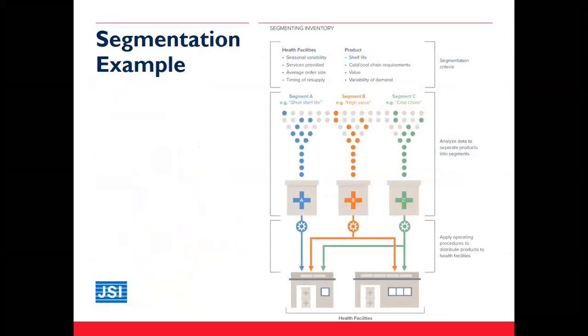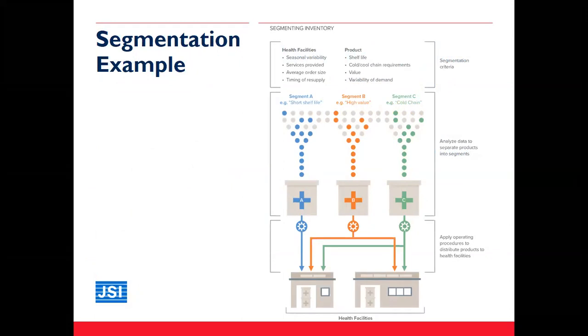One thing to think about is segmentation. We discussed this strategy in a previous webinar on managing vaccines with other health commodities, and I will provide a link to that webinar in the resources that I send in the follow-up email after this webinar.